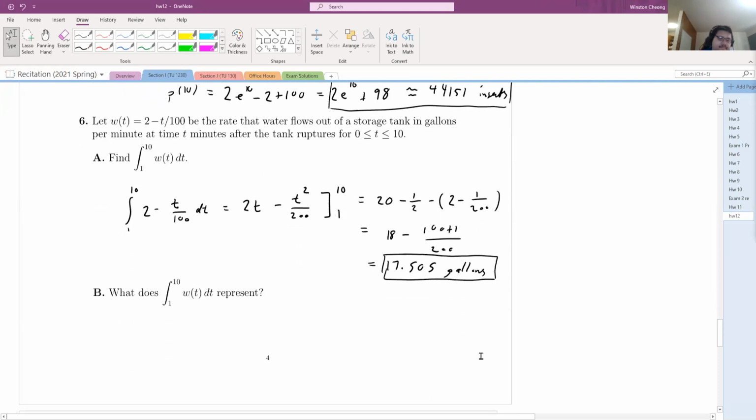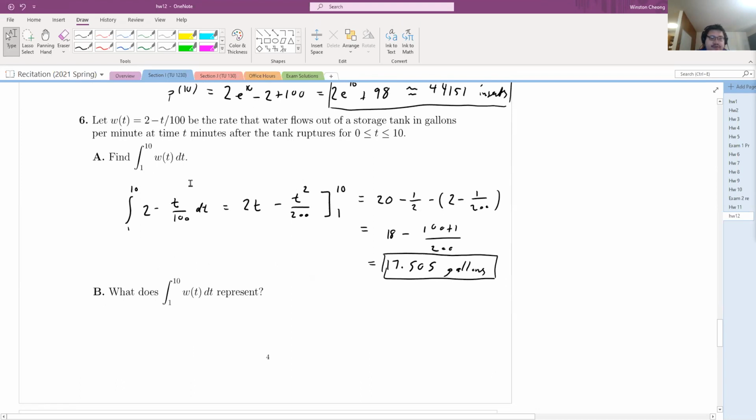Okay. So now interpreting what this integral actually meant in words. So W is the flow rate out of the storage tank. So by taking the integral of it, what we end up measuring is the total volume of water that has flowed out.